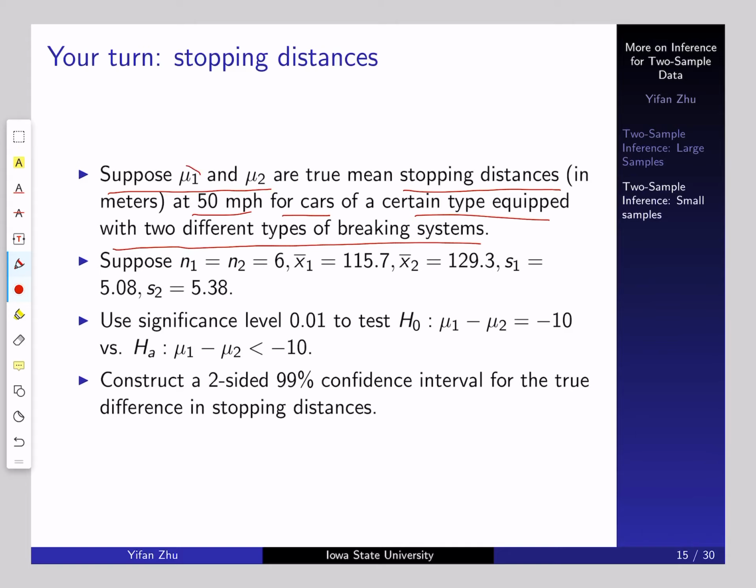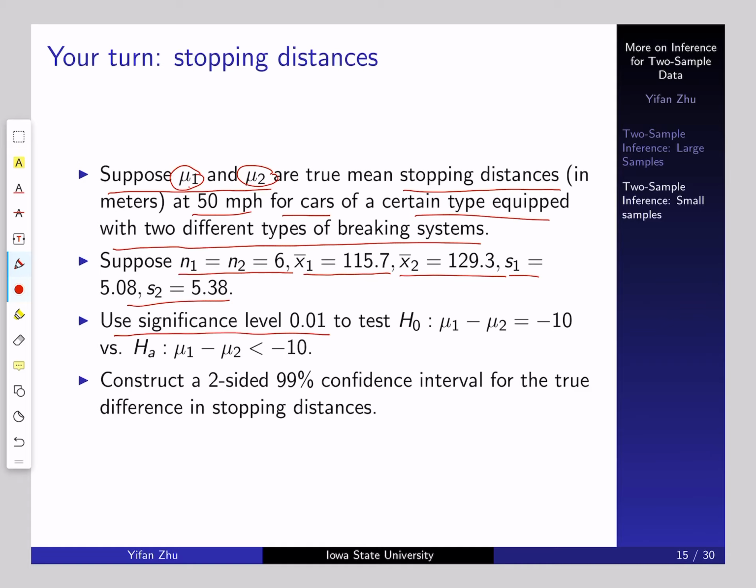So system 1 is associated with mu1 and system 2 is associated with mu2. And we collected 6 observations for each group. And we also calculated the x1 bar and x2 bar, the sample means, and s1 and s2, the sample standard deviations.